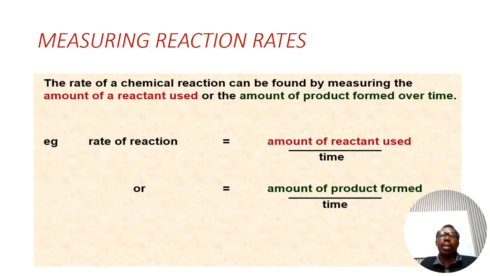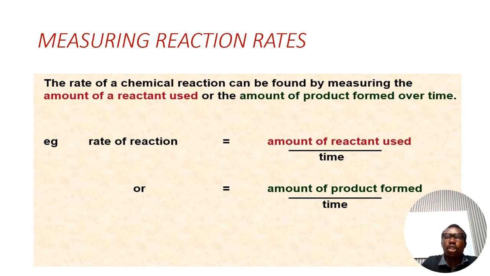Now I want to look at how you can measure the rate of reaction. The rate of a chemical reaction can be measured by measuring the amount of reactant used or the amount of product formed over time. During a chemical reaction, the reactant is used up and the product is formed. So there's a decrease in the concentration of the reactant over time, and an increase in the concentration of the product over time.